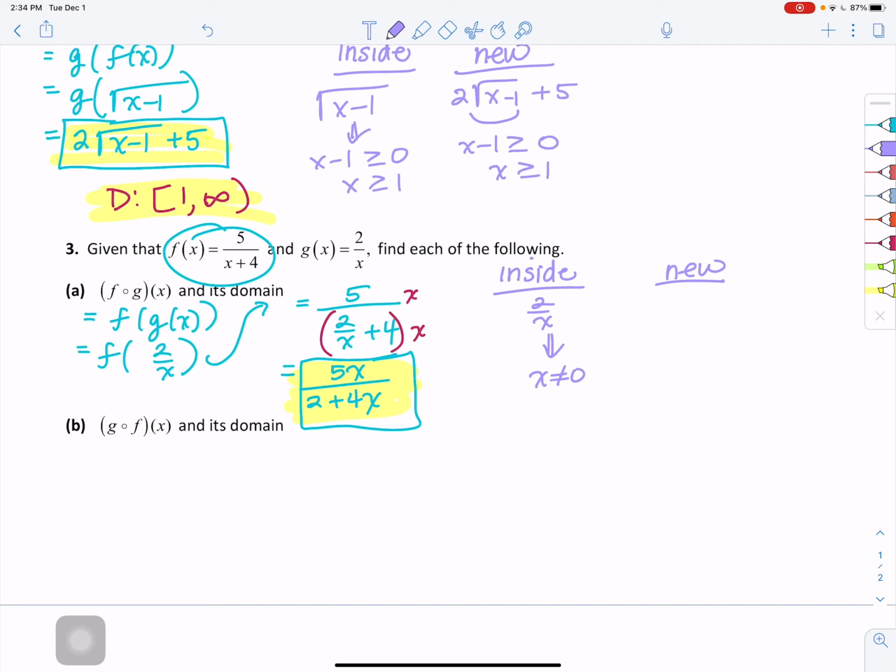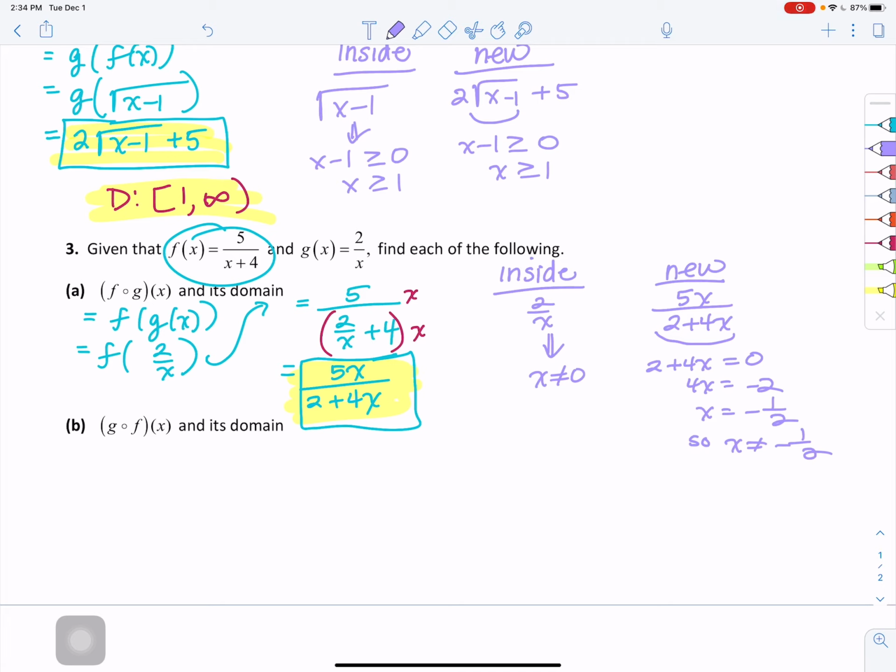And then the new function is 5x over 2 plus 4x. This 2 plus 4x cannot be equal to 0. So we will set it equal to 0 and see what makes it 0. So we also have to throw out negative 1/2. So we're going to throw both of those out.